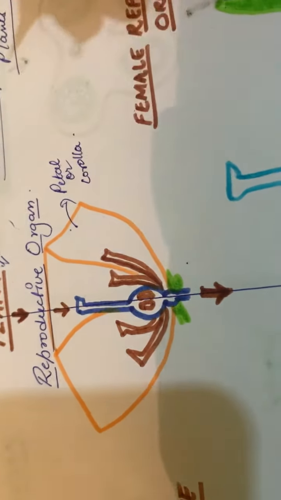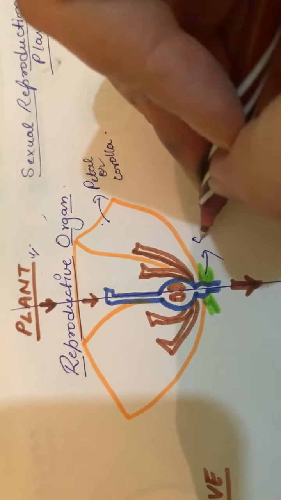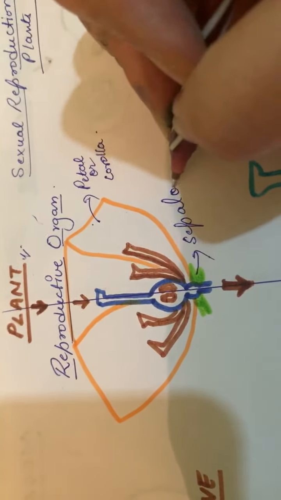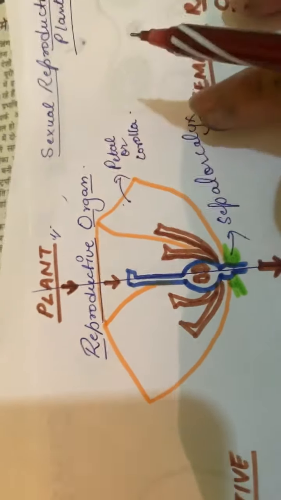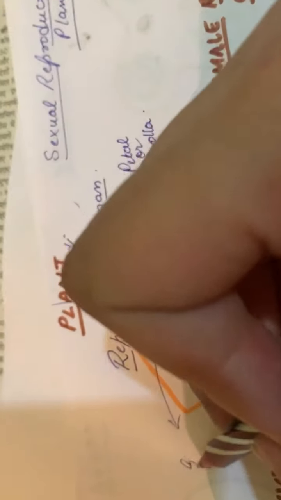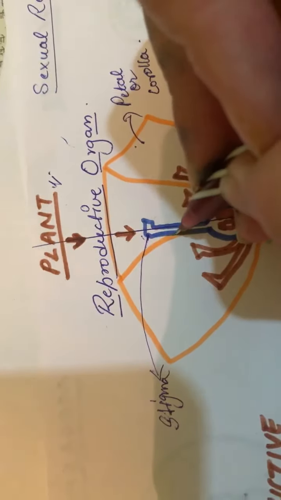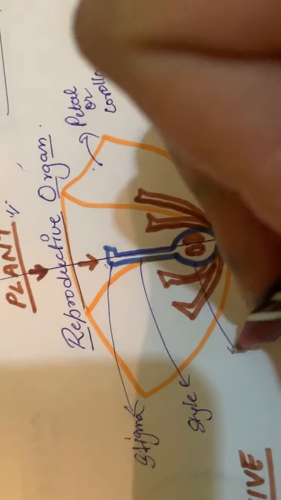The green portion of a flower is the sepal. What is another name of sepal? That is calyx. Similarly, this part is called stigma, this is style, and this is ovary.